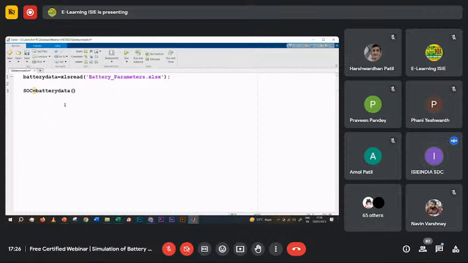here this value, and I will be selecting here the column. So this is how we write codes into this MATLAB. Then I will be using the SOC, which was the second column.